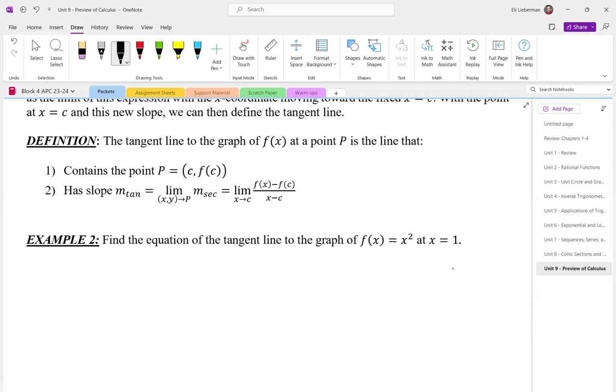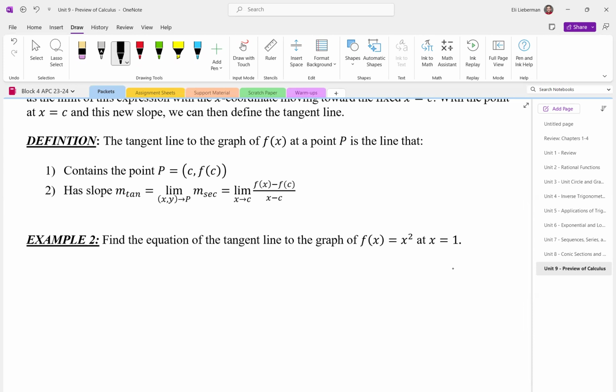And that will give us the slope of the tangent line. Well, what's that? If you're moving x towards c, it's not c itself, it's really close, right? So it would just be getting really close to zero.